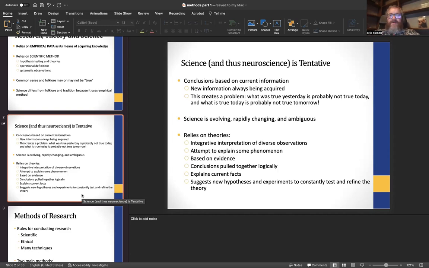Oftentimes, we still don't even know if this is replicable yet, let alone something we should throw out. So you do have to have some expectation of the slowness of all of this. That being said, neuroscience wasn't even a field 100 years ago, and it has grown incredibly rapidly since then.